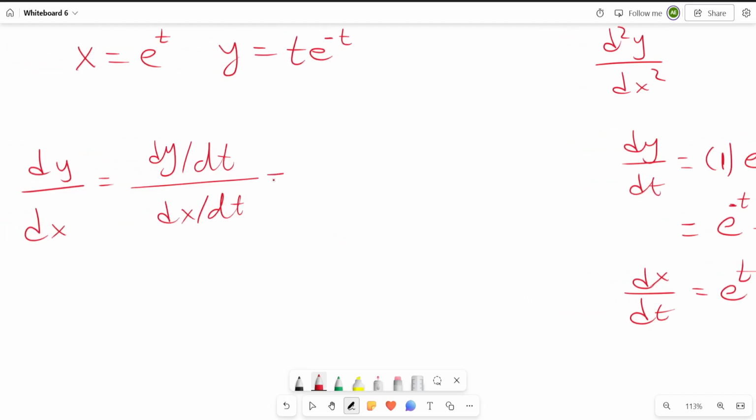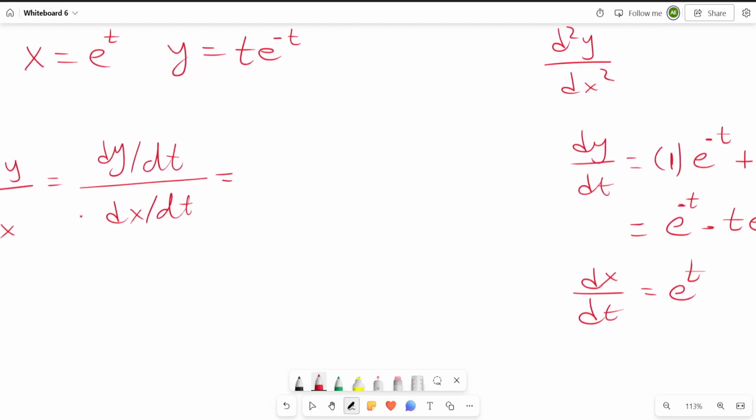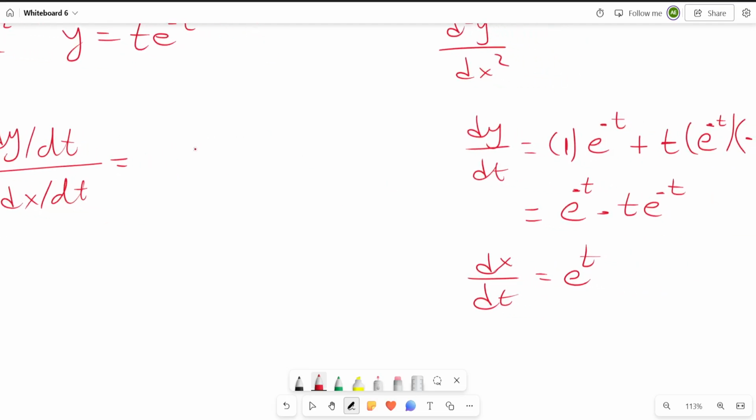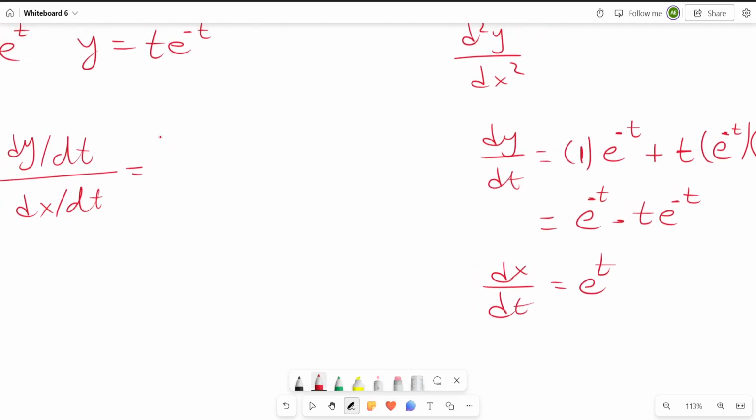So if we want to get dy by dx, we're going to divide those two together. So we're going to say dy by dt, which is e power negative t minus t e power negative t, over dx by dt, which turned out to be e power t. First I can take an e power negative t out common.